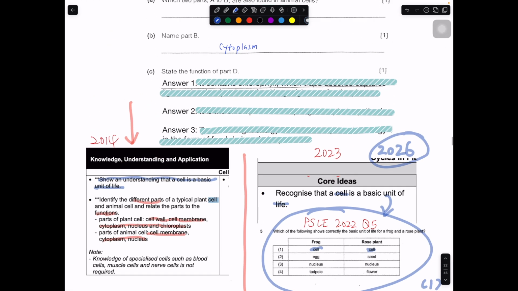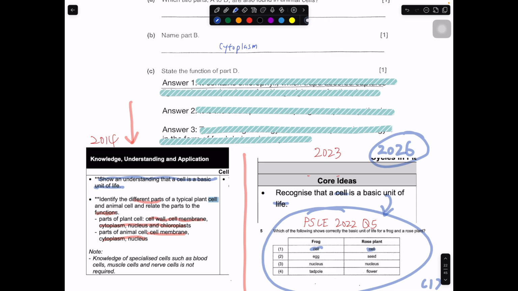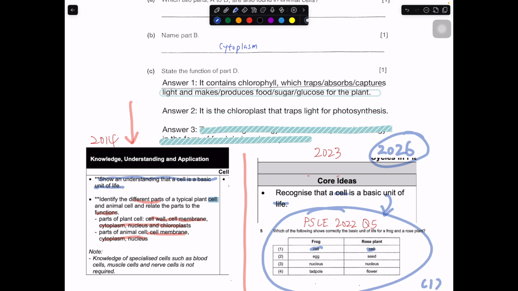Okay, so the function of part D is actually pretty straightforward. There are a few answers to it. So: contains chlorophyll which traps sunlight; absorb or capture light to produce food, sugar or glucose. Food, sugar or glucose actually mean the same thing for the plant. So answer number 2 can be: chloroplasts trap light for photosynthesis.